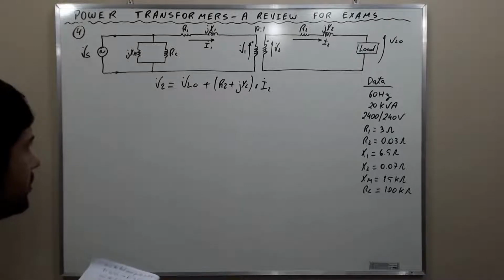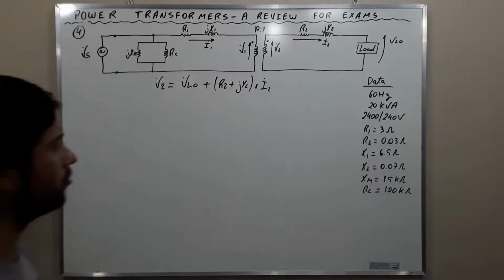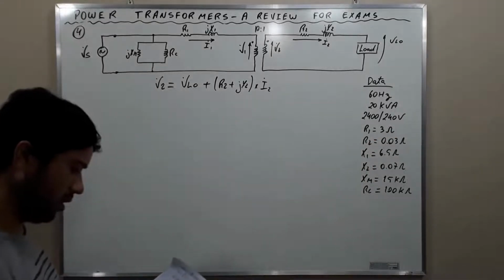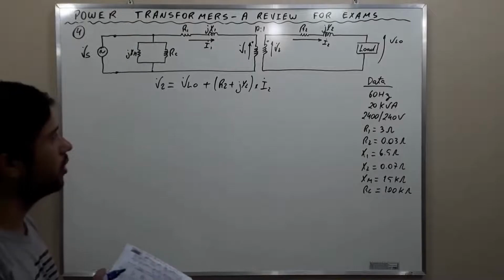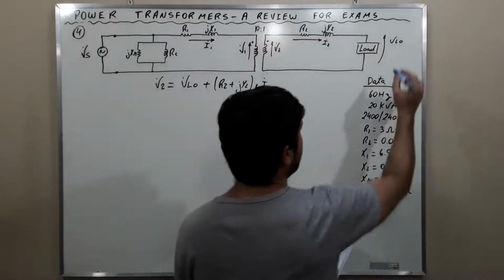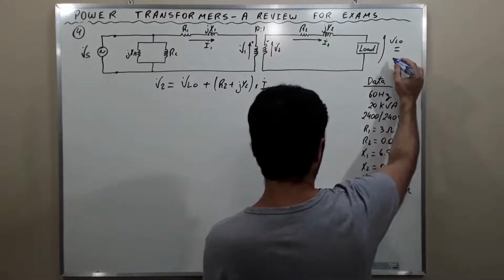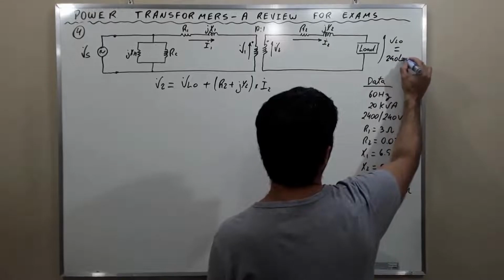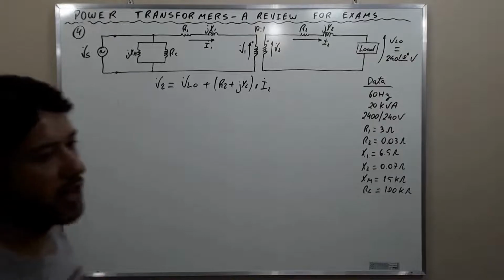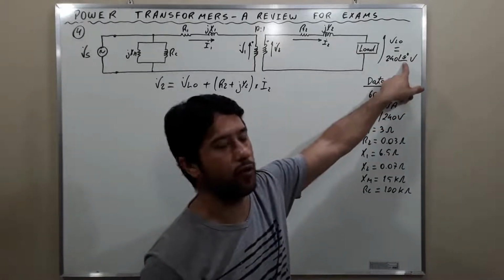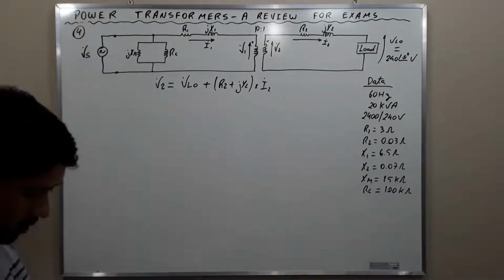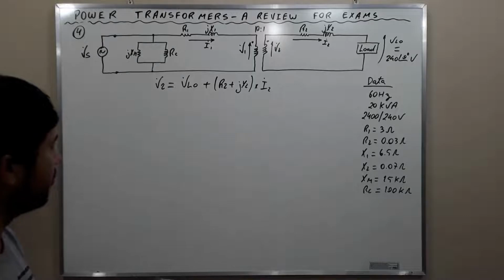The exercise said that 240 is delivered to the load, okay? This is going to be our reference: 240 phase 0 degrees volts. We are setting as the 0 degrees reference the voltage delivered to the load.